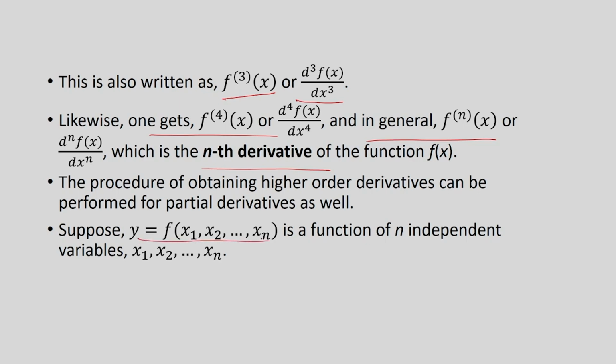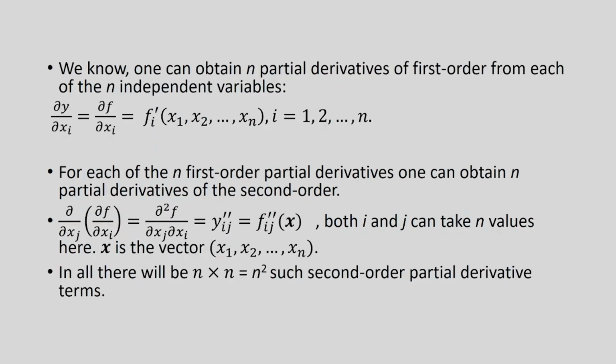a general case. Suppose y is equal to f(x1, x2, ..., xn), a function of n independent variables, and these variables are x1, x2, ..., xn. Now, we know one can obtain n partial derivatives of first order from each of the n independent variables.